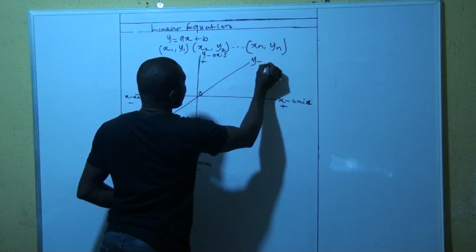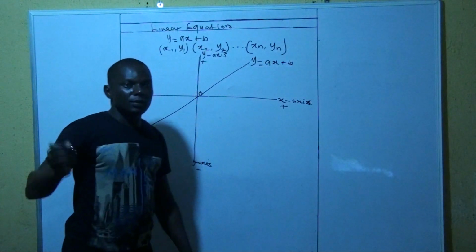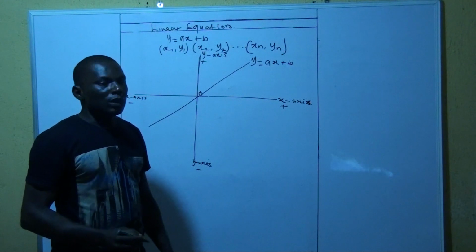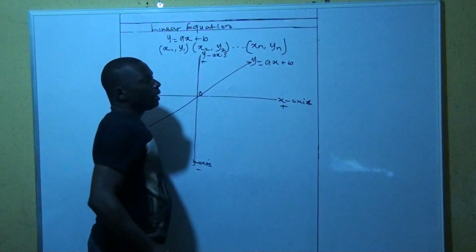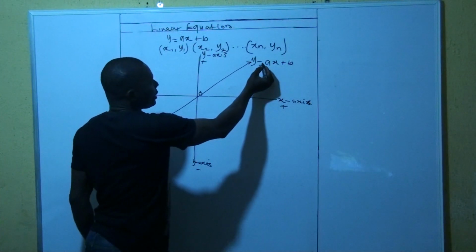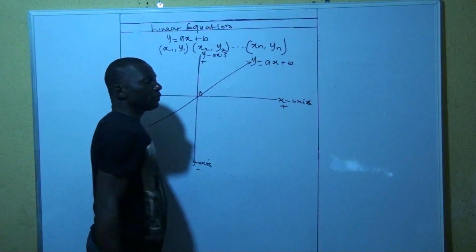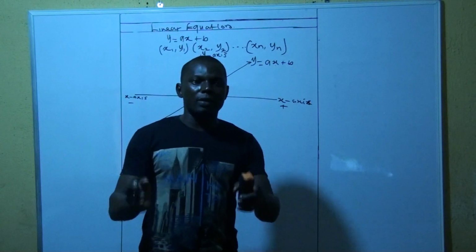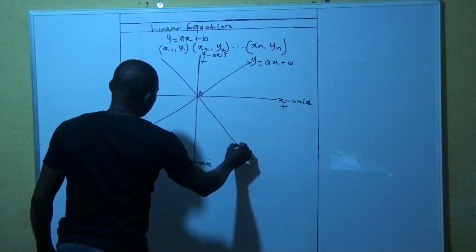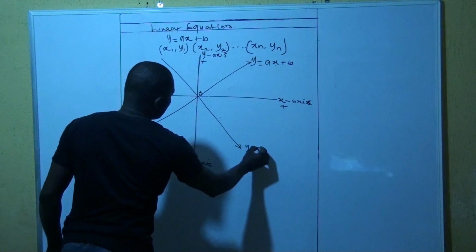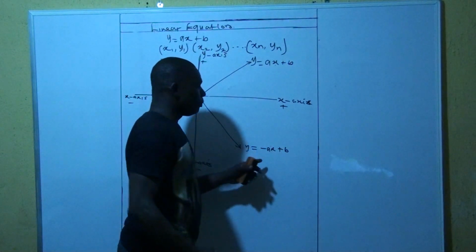So it's going to be y = ax + b. That graph will be obtained if the coefficient of x, which is the unknown, is positive. We can also obtain another type of graph, y = -ax + b.